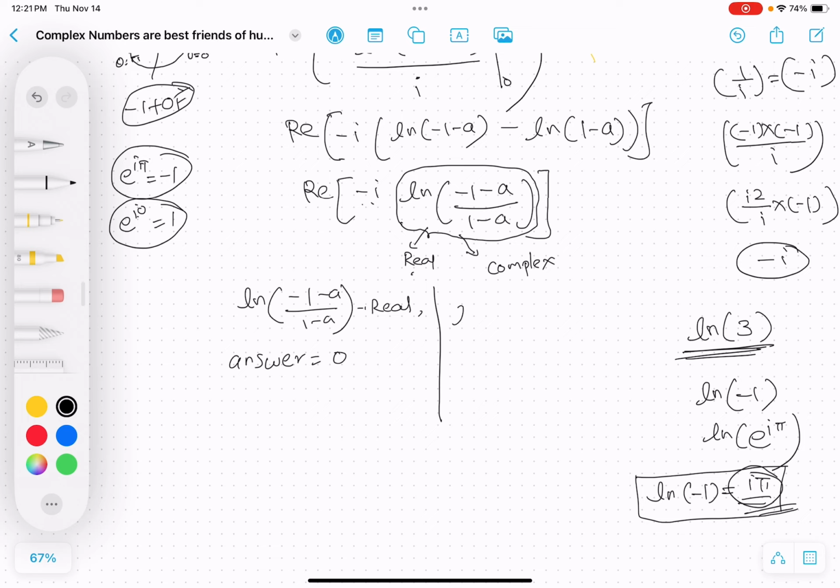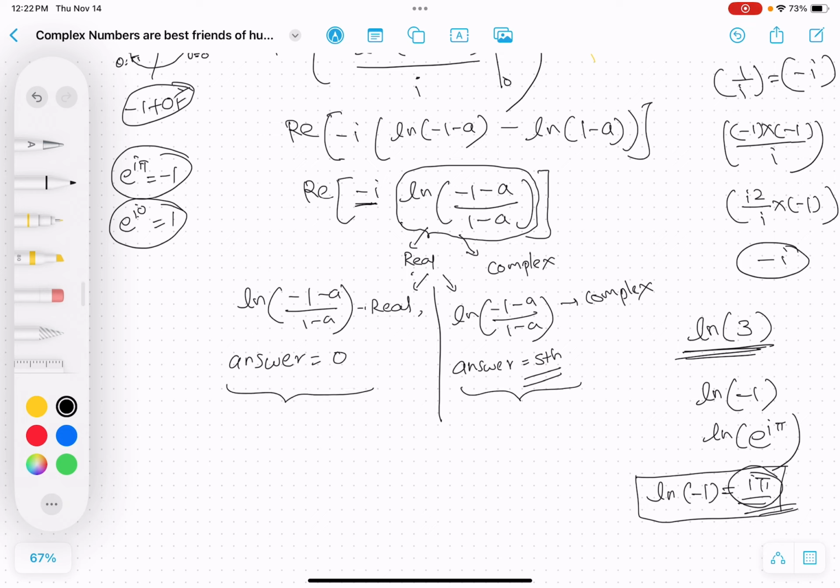And when this is a complex number, with both real and imaginary parts, that imaginary part, when multiplied with minus i, will give some real part. So in this case, there will be some answer. So we have to divide it into two cases. The answer will be 0 in some cases, and there will be some answers in the other cases.